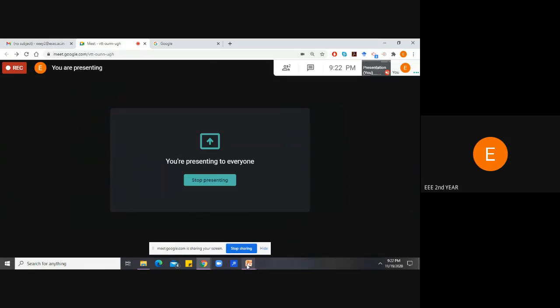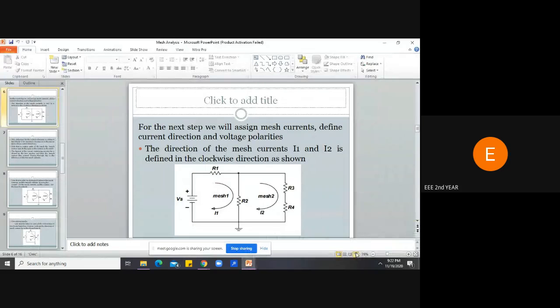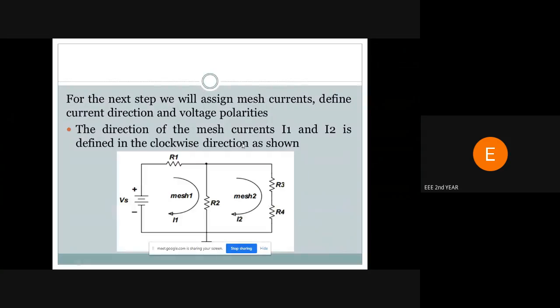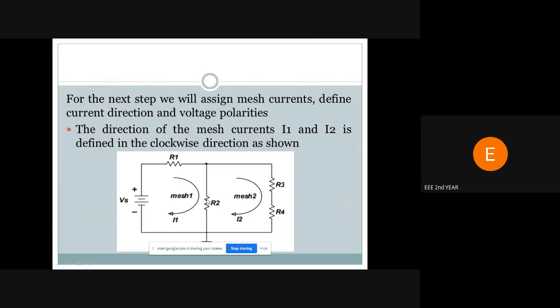First we determine which ones are meshes. Here we have two meshes, and the next thing is, for the meshes we have to assign the current direction, and we have to give the polarities for the voltage sources.